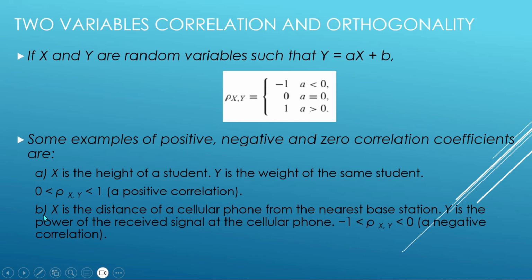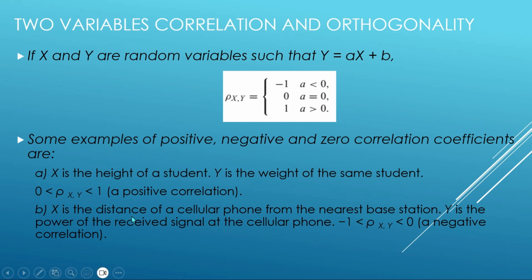In another example, X is the distance of a cellular phone from the nearest base station, and Y is the power of the received signal at the cellular phone. In this case, the correlation coefficient rho is greater than -1 but less than 0, meaning it is negative. This is very easy to understand for a telecommunication student, as the transmitter moves away from the receiver, the signal strength drops.